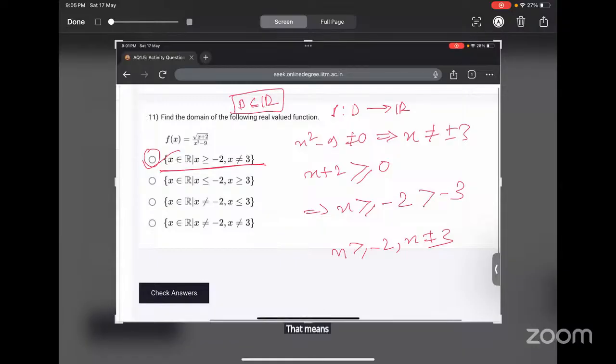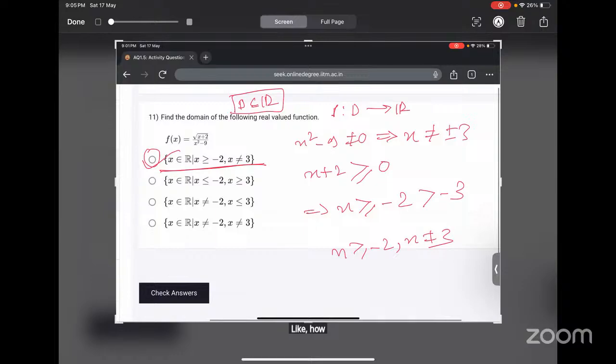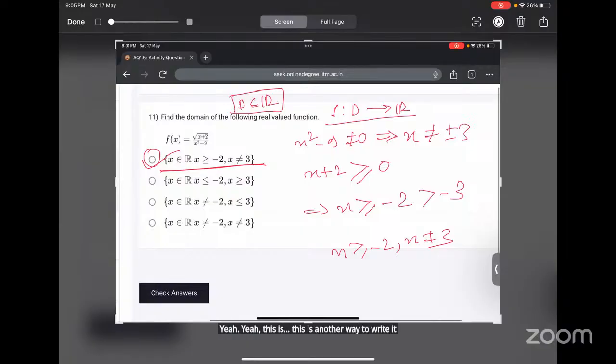That means the image should be real, which means the codomain. Is there a way to express that without having to write this? Another way to write it is: D is a subset of R, and f is a function from D to R. That means it is a real valued function. So these are just the same statement, another way to express them.